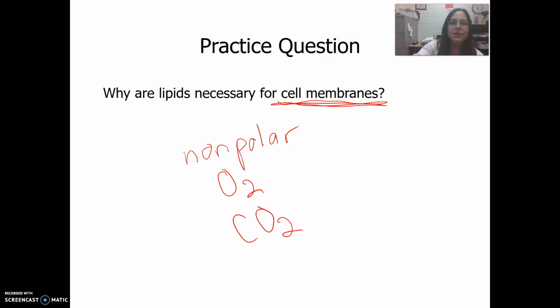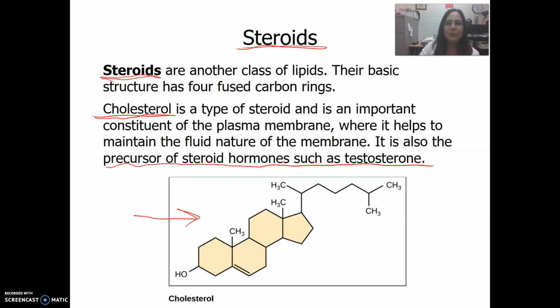Oxygen enters our tissues or our cells, and carbon dioxide is built up as a byproduct. So carbon dioxide leaves our tissue cells. But both of those are nonpolar. So anything nonpolar is soluble in a lipid. So they can simply pass through the phospholipid bilayer.